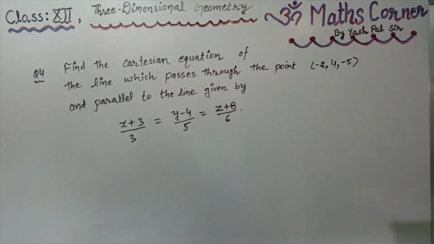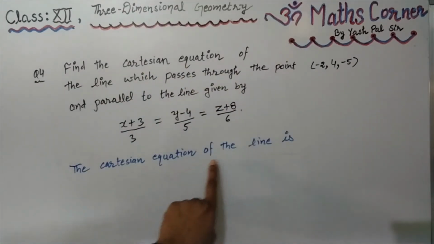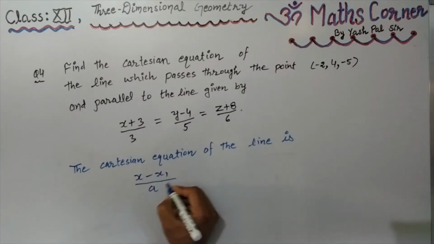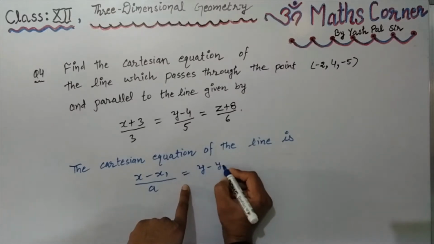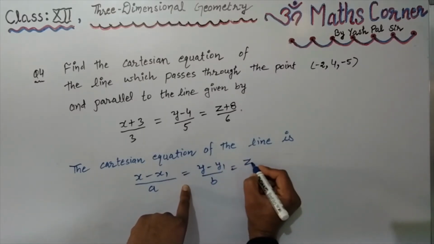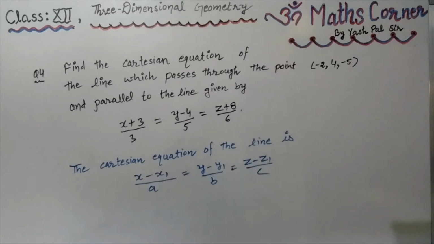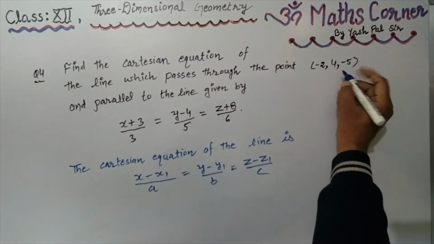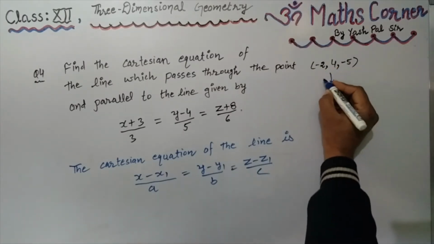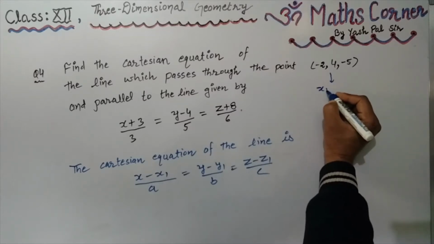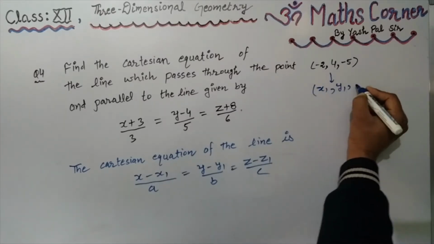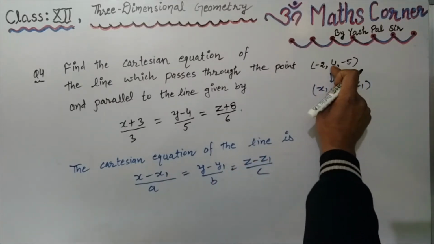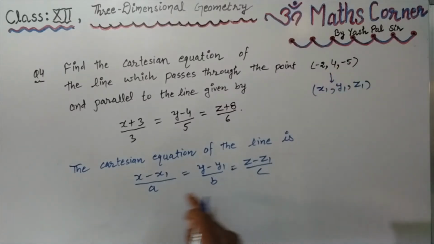First of all, the Cartesian equation of the line is x minus x1 upon a is equal to y minus y1 upon b is equal to z minus z1 upon c. So here the line passes through the point minus 2, 4, minus 5, so x1 is minus 2, y1 is 4, z1 is minus 5.